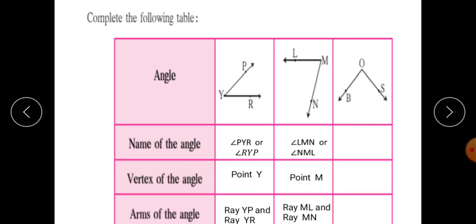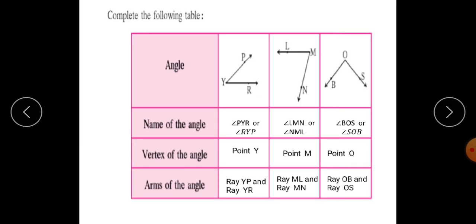Now for the third figure, the name of the angle is angle BOS, or we can write the same name as angle SOB. Point O is the common point, so the vertex of the angle is point O, and ray OS and ray OB are the arms of the given angle.